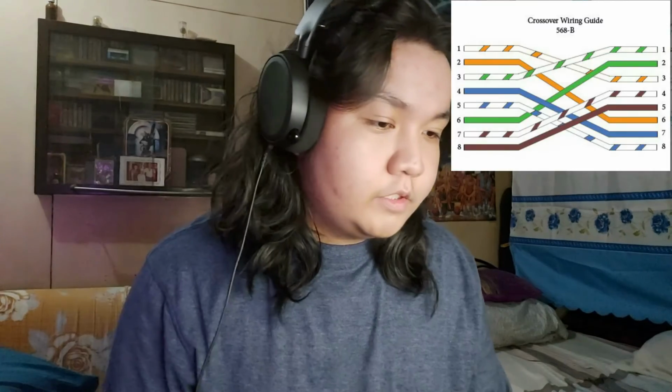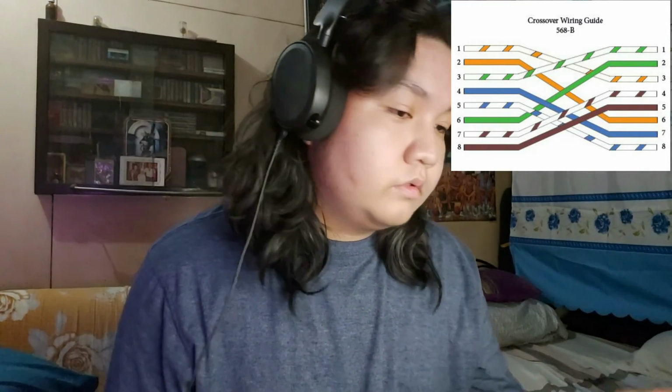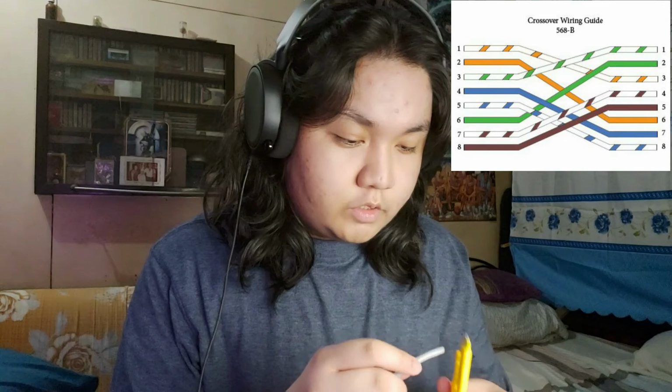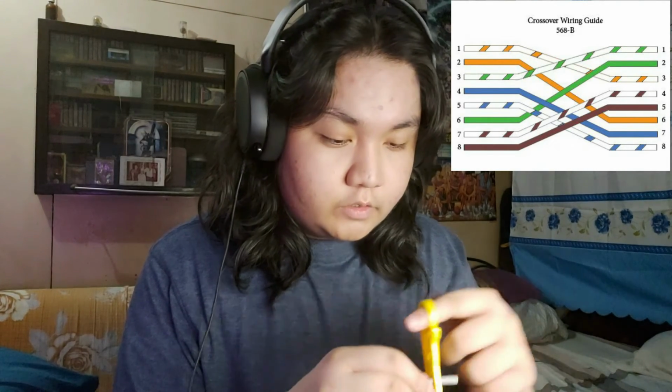So next, we're going to do the crossover cable. Basically, when we're going to do a crossover cable, we're using it for directly connecting a computer to a computer. So same process, you strip the wire.